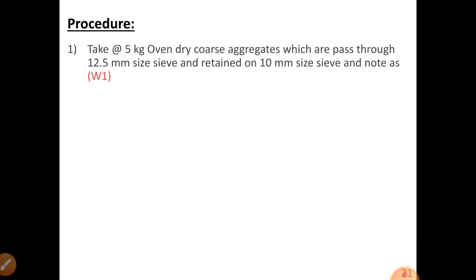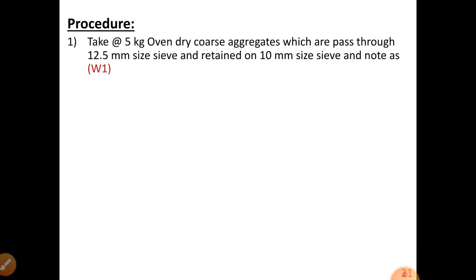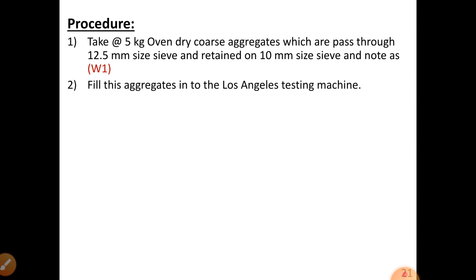Procedure. Take about 5 kilogram oven dry coarse aggregates which are passed through 12.5 mm size sieve and retained on 10 mm size sieve and note as W1. Fill these aggregates into the Los Angeles testing machine.